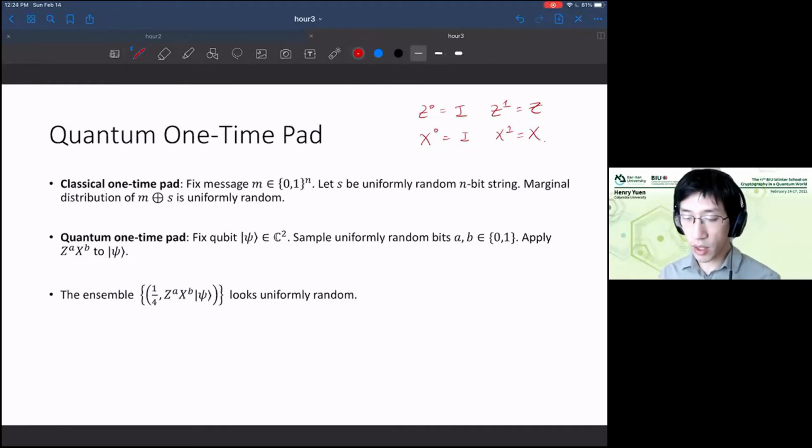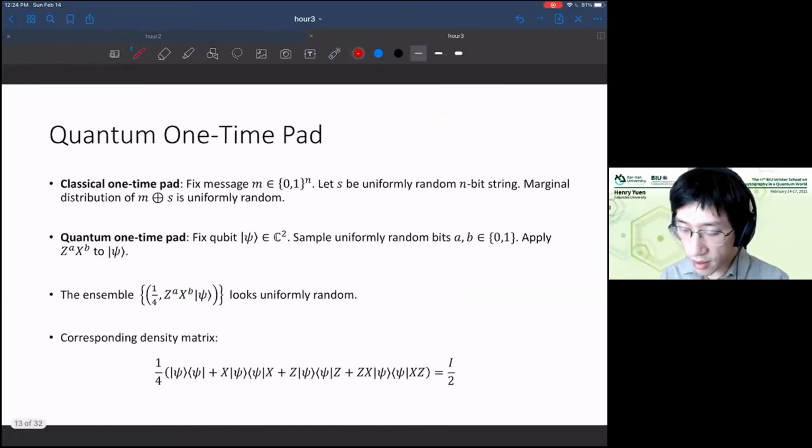So we apply them. Then the claim is that if you take the mixture of these 4 possibilities, this is going to look like a uniformly random qubit. And what do I mean by that? If you calculate the density matrix, no matter what qubit psi you started with, the resulting density matrix is going to be this maximally mixed state.